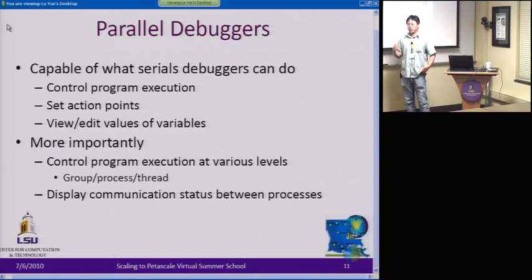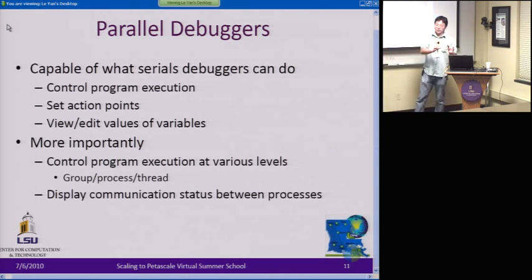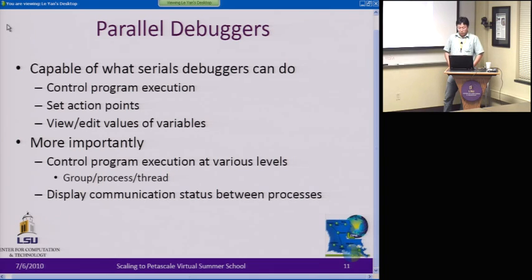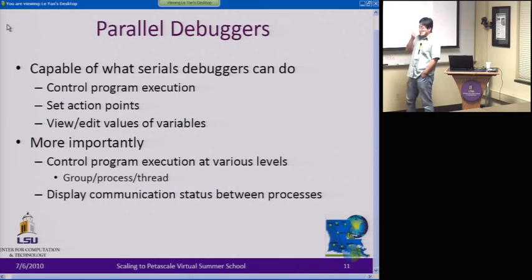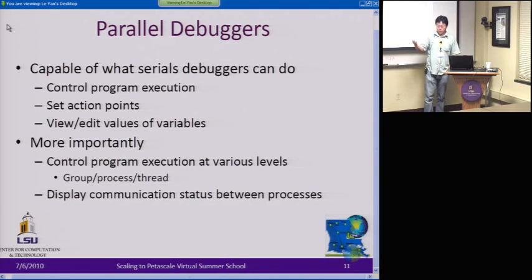It should be able to control the execution of a group of processes or threads, or an individual process or thread. Basically it needs to be flexible when it comes to controlling execution, and it also needs to be able to reveal the communication status to users.